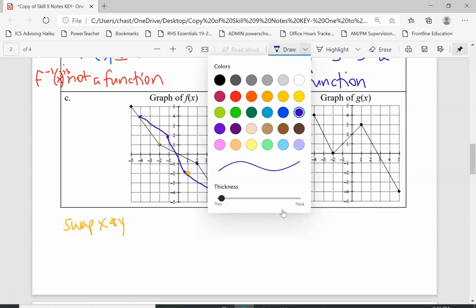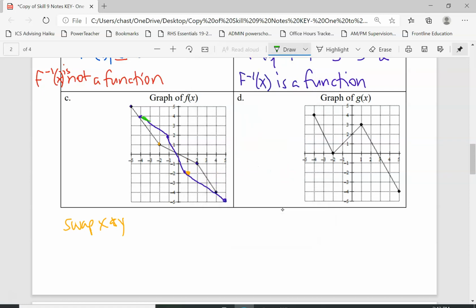And I'm going to use green to really emphasize this graph. And when I use that green, I can clearly see the f inverse exists because the graph, well, I should say, passes the vertical line test.